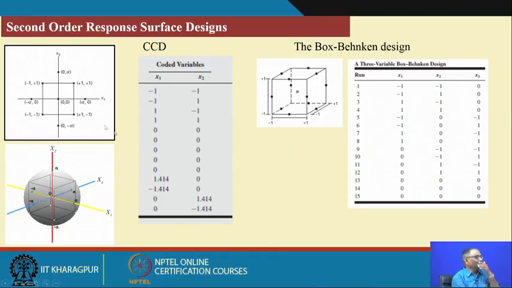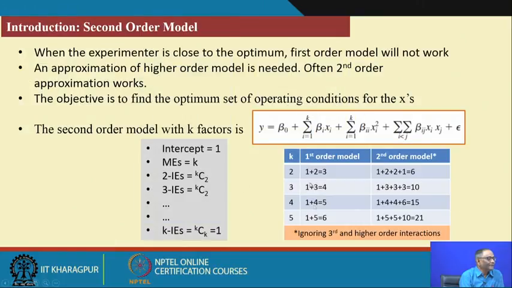If you adopt this design, how many experiments are you conducting? 4 plus 5 is 9, 9 plus 4 is 13 experiments. If you go for a 2 factor case, what is the second order model requirement? 6 parameters to be estimated.